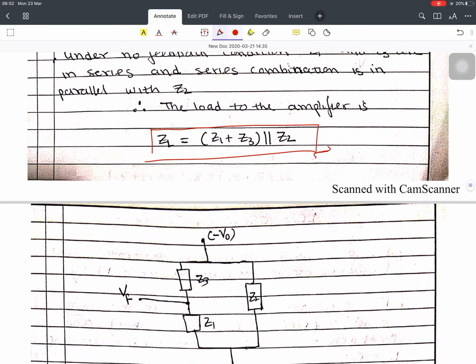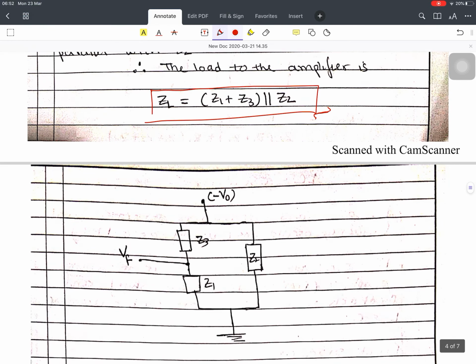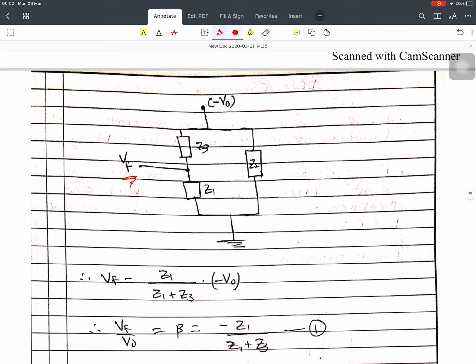Now if I consider a feedback condition, Vf voltage, to find Vf, let's apply voltage divider rule here. Vf is minus Z1 upon Z3 plus Z1 into Vo.